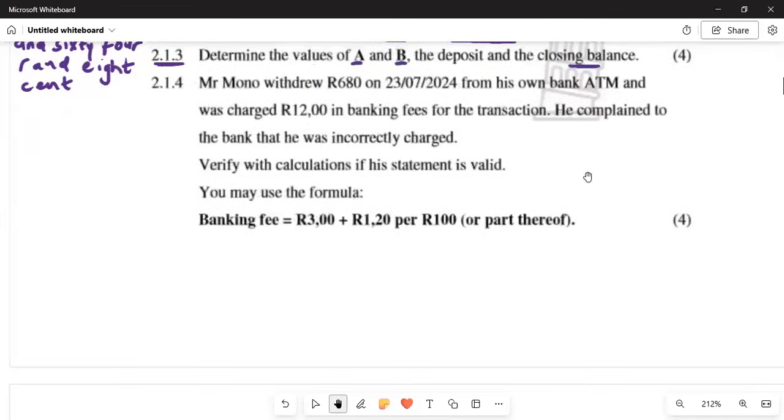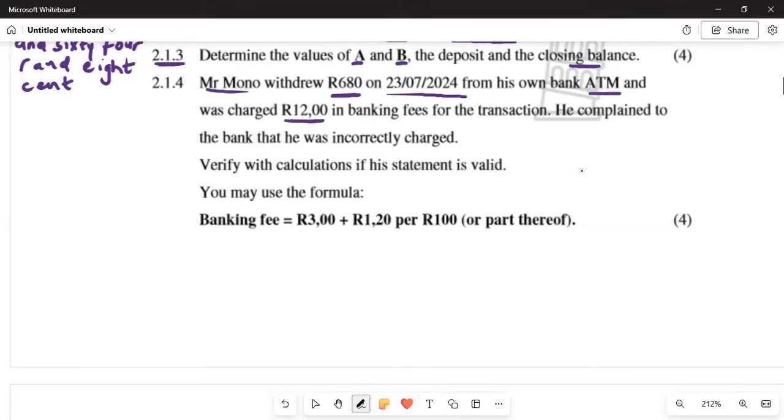It is given that Mr. Mono withdrew 680 on the 23rd of July from his own bank ATM and was charged 12 Rand in banking fees for the transaction. He complained to the bank that he was incorrectly charged. Verify with calculation if his statement is valid. You may use the formula.